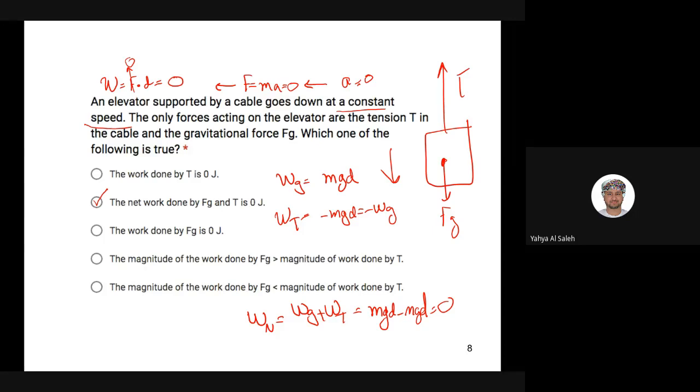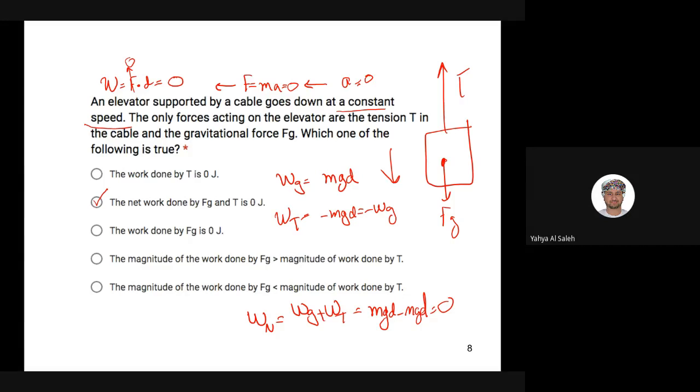Now I have already ticked the net work done by Fg and T is equal to 0. But my question is why? Why is the net work done by Fg and tension 0? Can anyone tell me? I've doodled some clues on the page. One of them is positive and the other is negative, so they cancel each other.